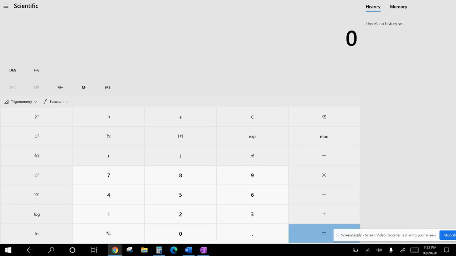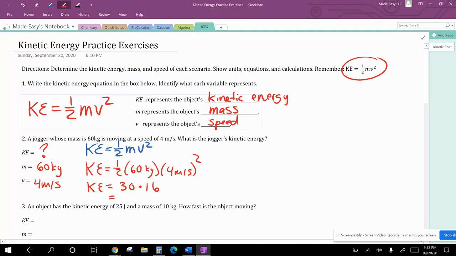So we have 30 times 16. All right, and we got 480. Okay, so that's going to equal 480 joules.